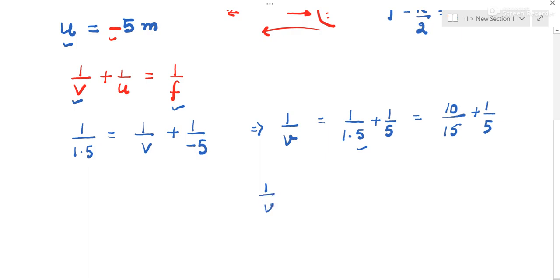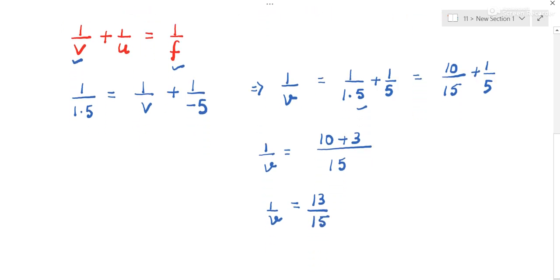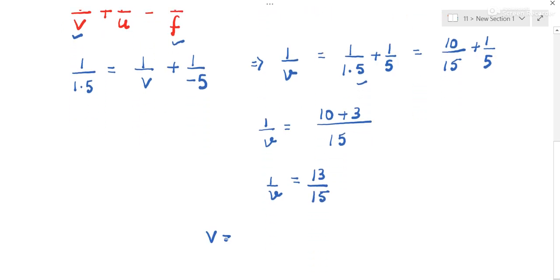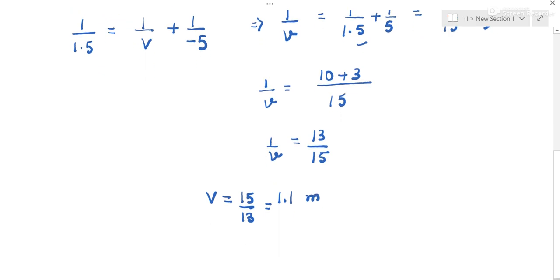So 1 by v is equal to 13 by 15. We will reciprocate both sides. The distance of the image is equal to 15 by 13, that is 1.1 something meter. This is the distance of the image.